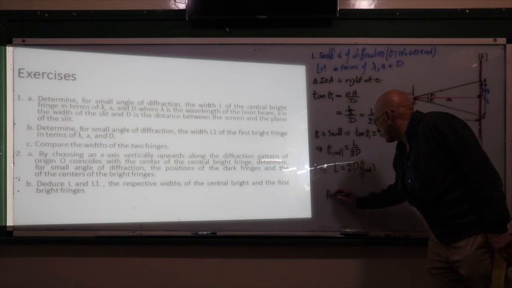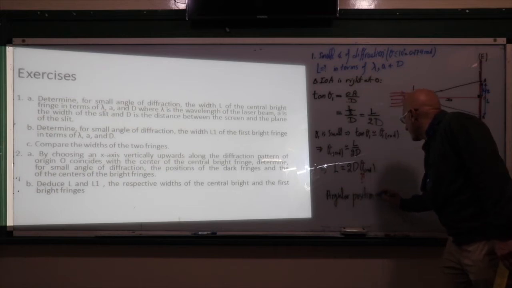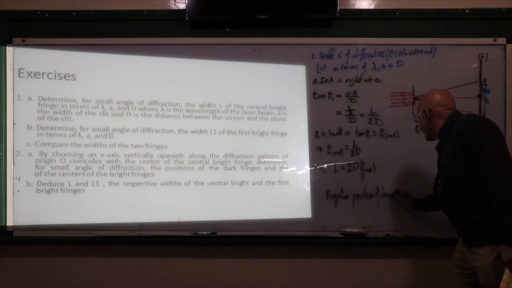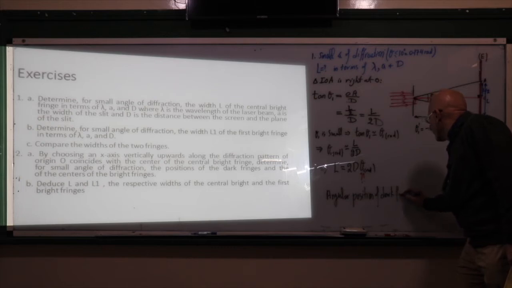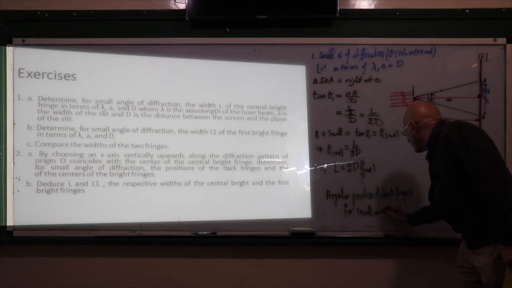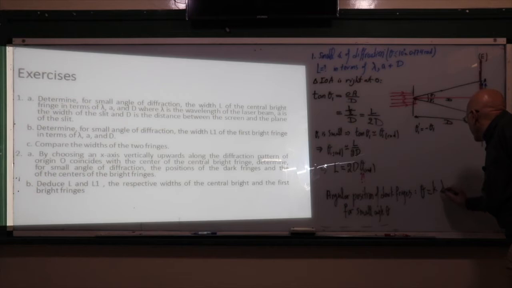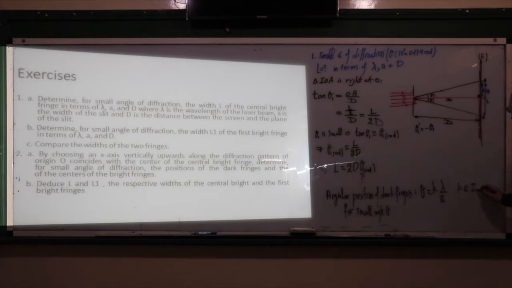So here, the angular position of dark fringes for a small angle theta is given by theta equal K lambda over A, where K belongs to Z star.